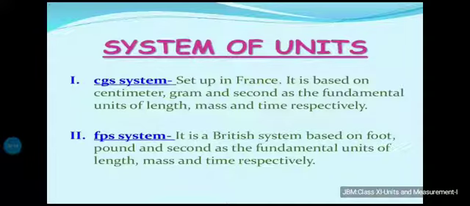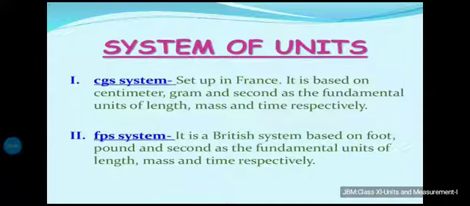In earlier times, scientists of different countries were using different systems of units for measurement. Three such systems, the CGS, FPS or British system, and the MKS system, were in use extensively till recently. CGS system, set up in France, is based on centimeter, gram and second as the fundamental units of length, mass and time respectively.